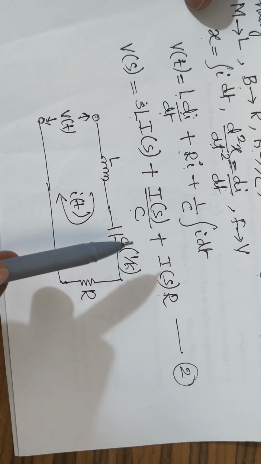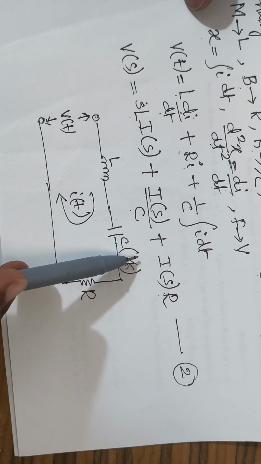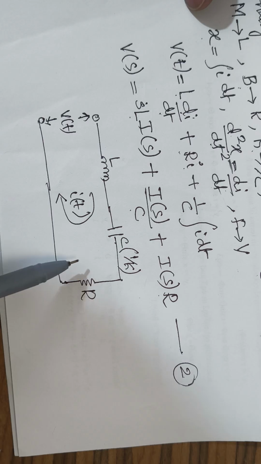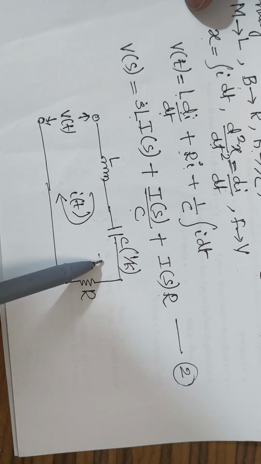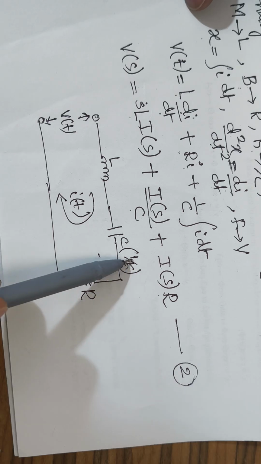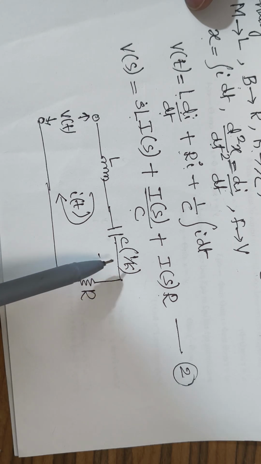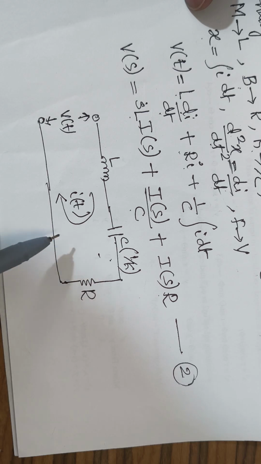But K was analogous to 1 over C, therefore you have to write 1 by K in brackets. So analogous to K is the capacitor, but its value is proportional to 1 by K. Therefore it is indicated by writing 1 by K in the bracket near C.